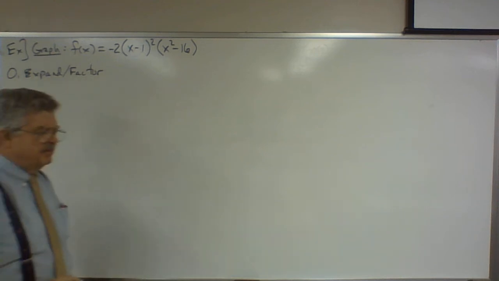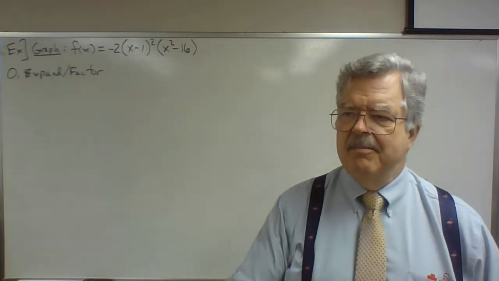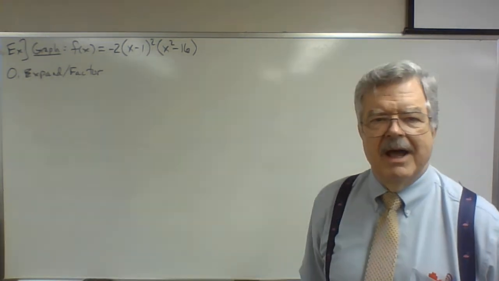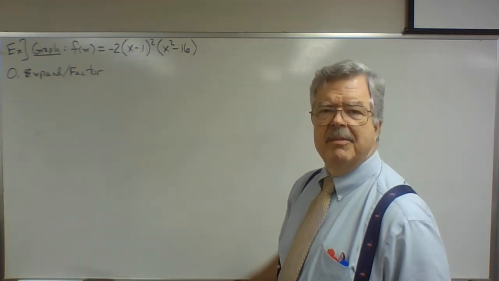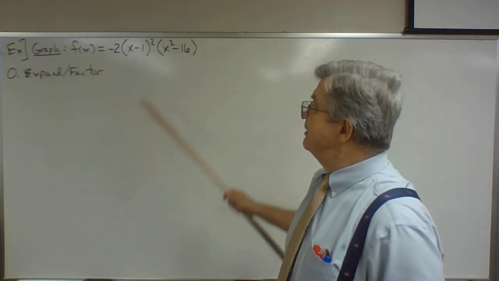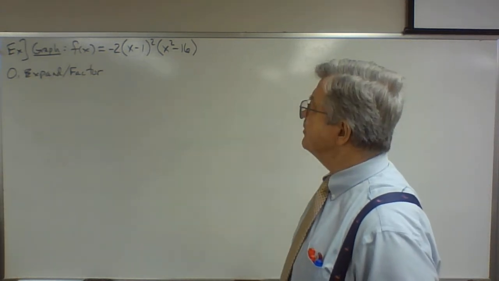And I thought the people that wrote our book were my friends, but now I'm beginning to think that maybe they're not, because you see the way they gave us this polynomial? It's definitely not in expanded or standard form.